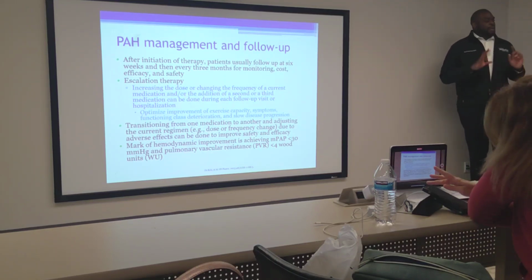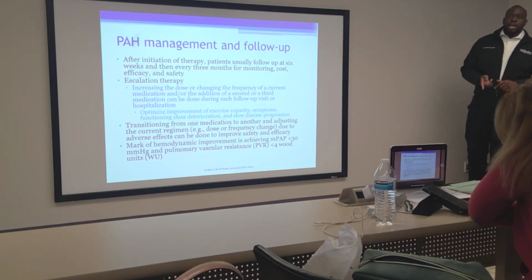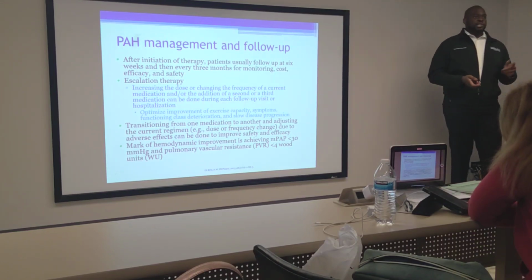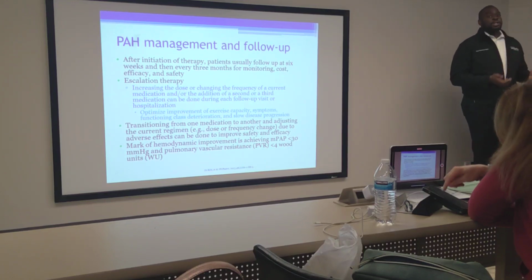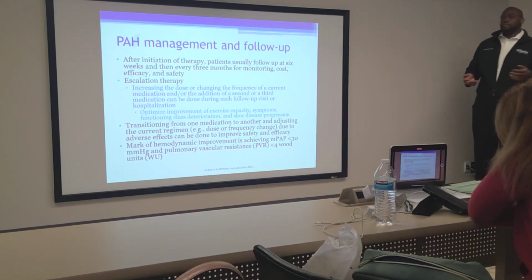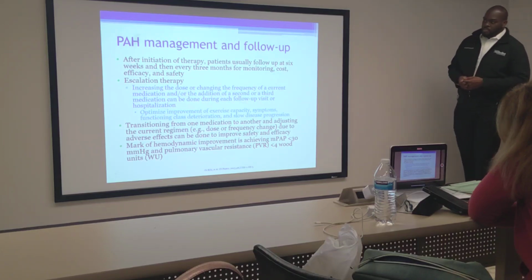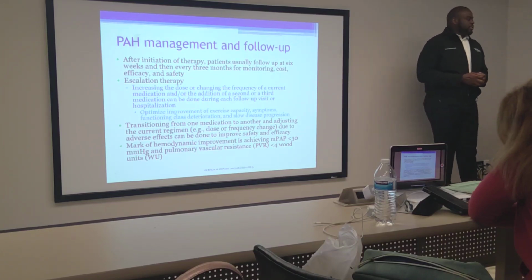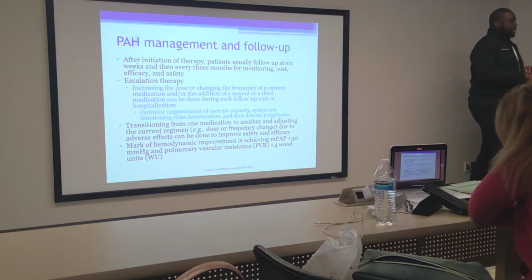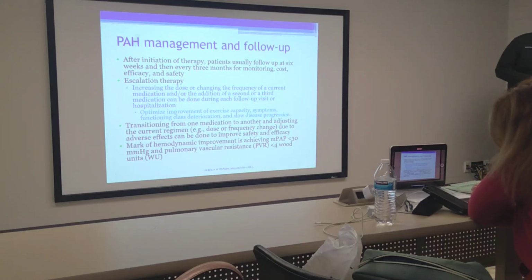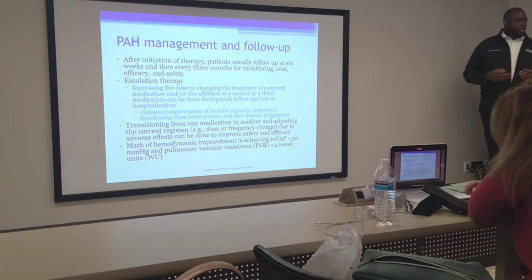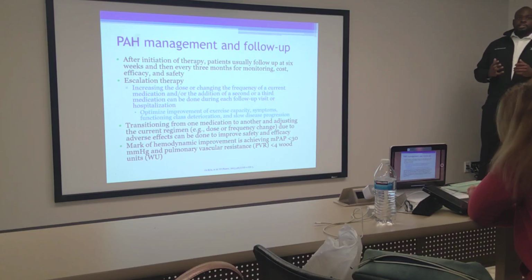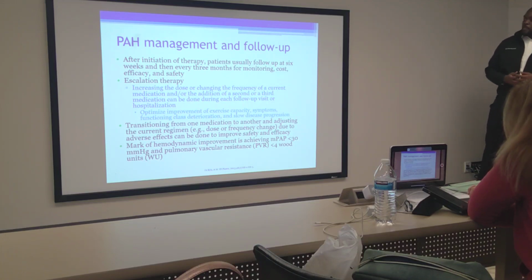Know that transitioning from one medication to another and adjusting the current regimen, like the dosage or the frequency, can be done to improve safety as well as to maintain efficacy for that same medication. Also, I'll say that the mark of a hemodynamic improvement is a patient achieving a mean pulmonary artery pressure of less than 30, as well as a pulmonary vascular resistance, or PVR, of less than 4 Wood units, also the WU.